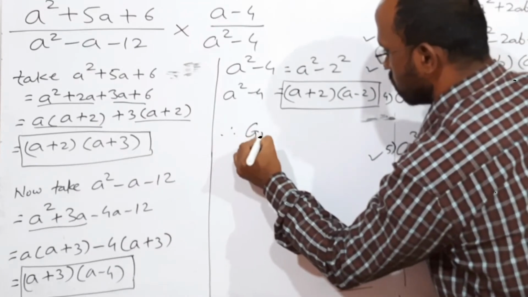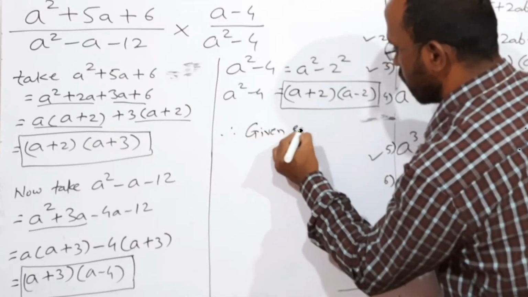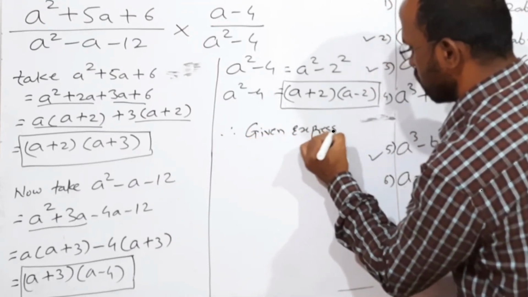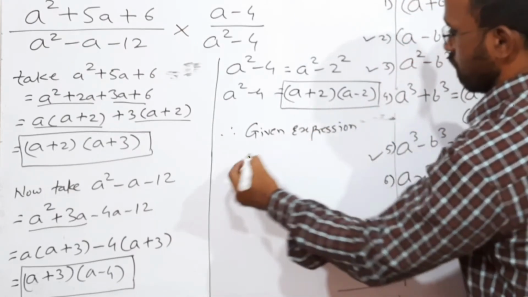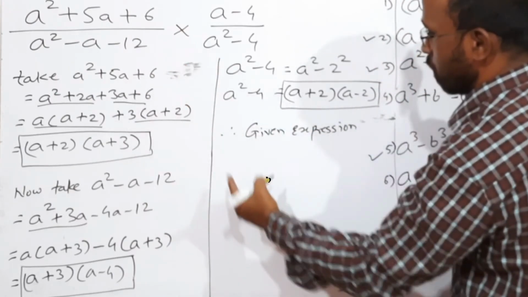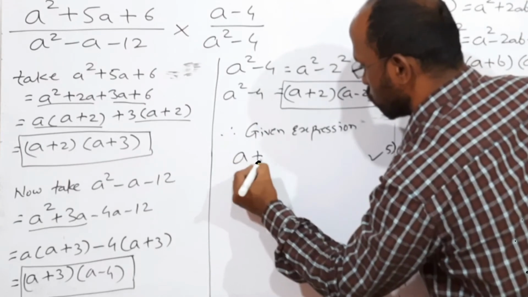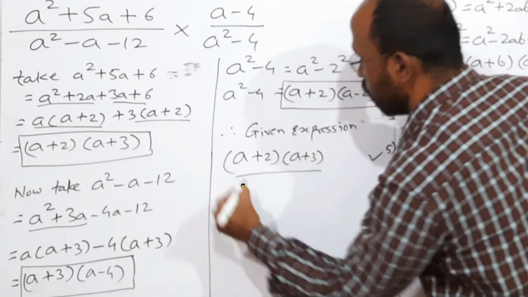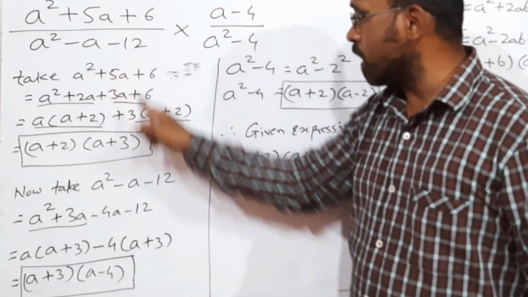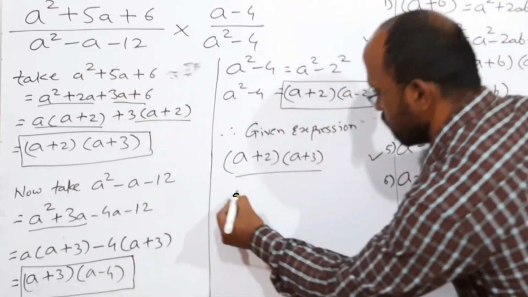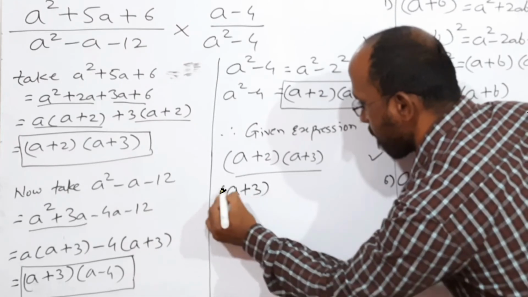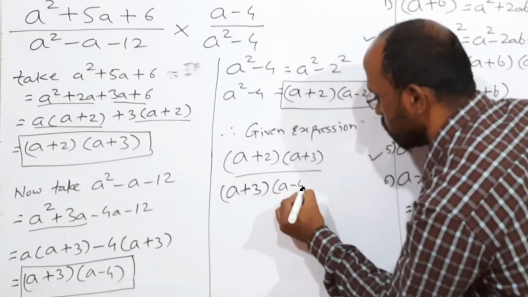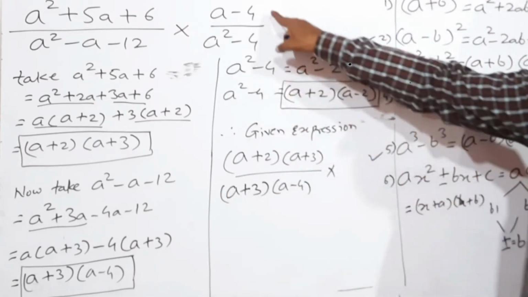Therefore given term or given expression is equal to a square plus 5a plus 6, which is nothing but a plus 2 into a plus 3, upon a square minus a minus 12, which is nothing but a plus 3 into a minus 4, multiplied by a minus 4.